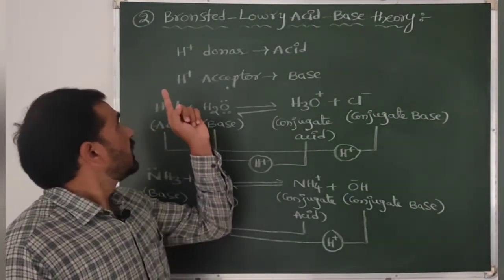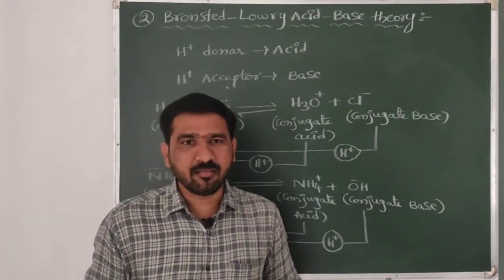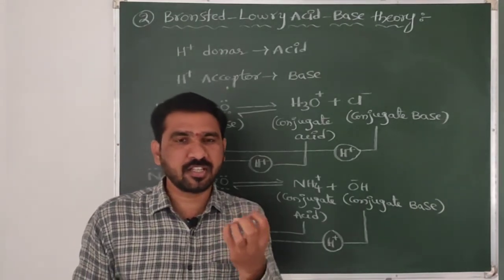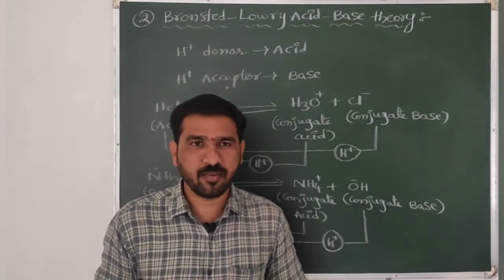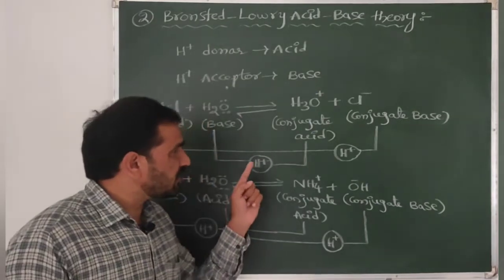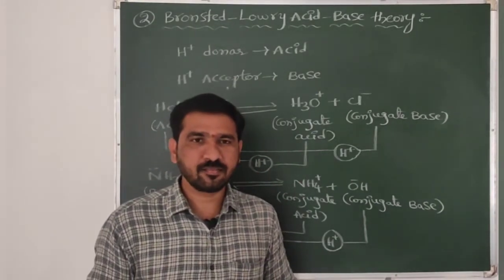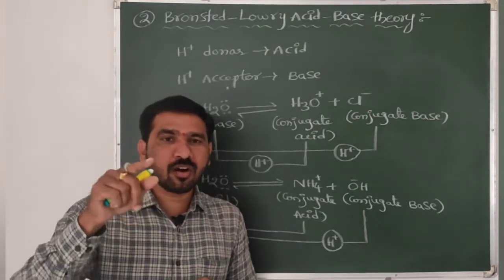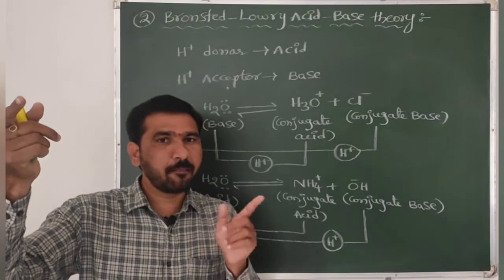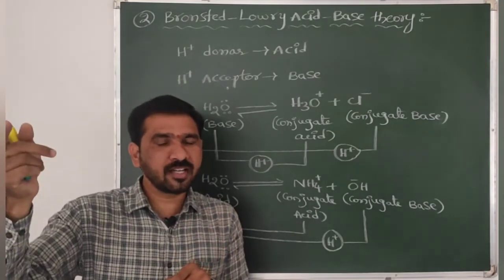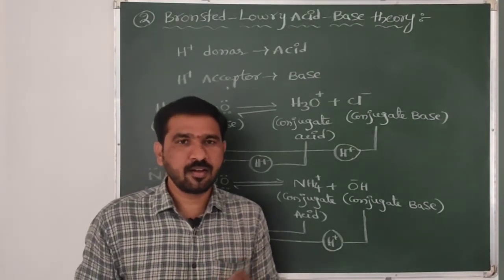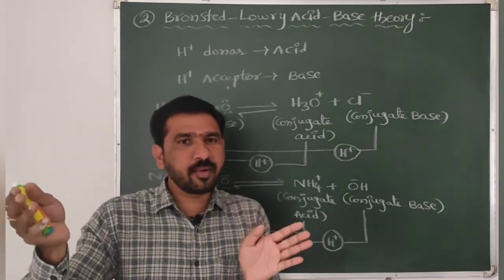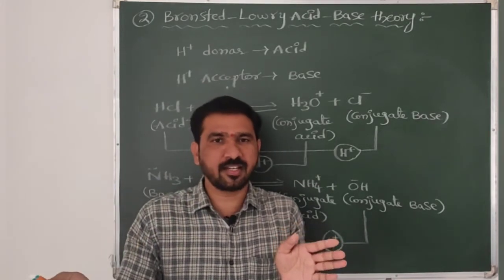And this Bronsted-Lowry acid base theory also gives some extra information about the strength of acid and base, with respect to this conjugate concept. A strong acid has a weak conjugate base, a strong base has a weak conjugate acid, or a weak acid has a strong conjugate base, a weak base has a strong conjugate acid.